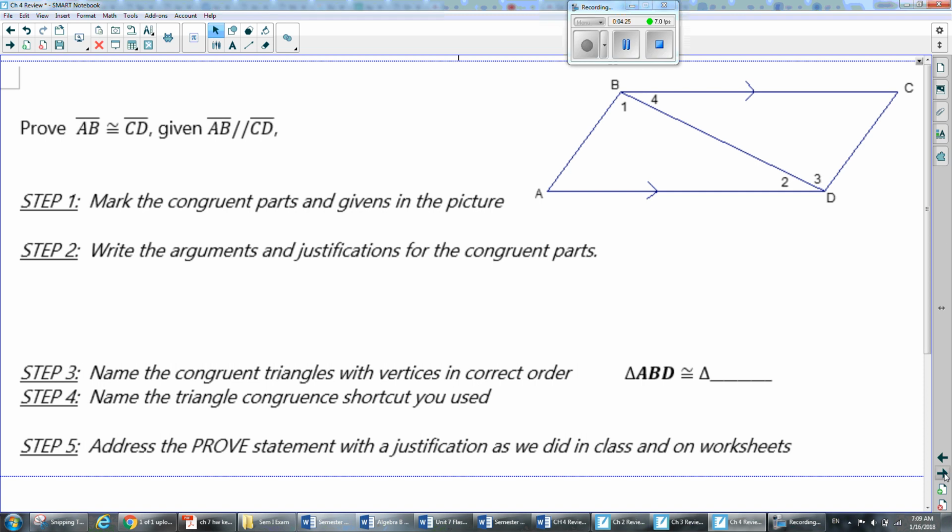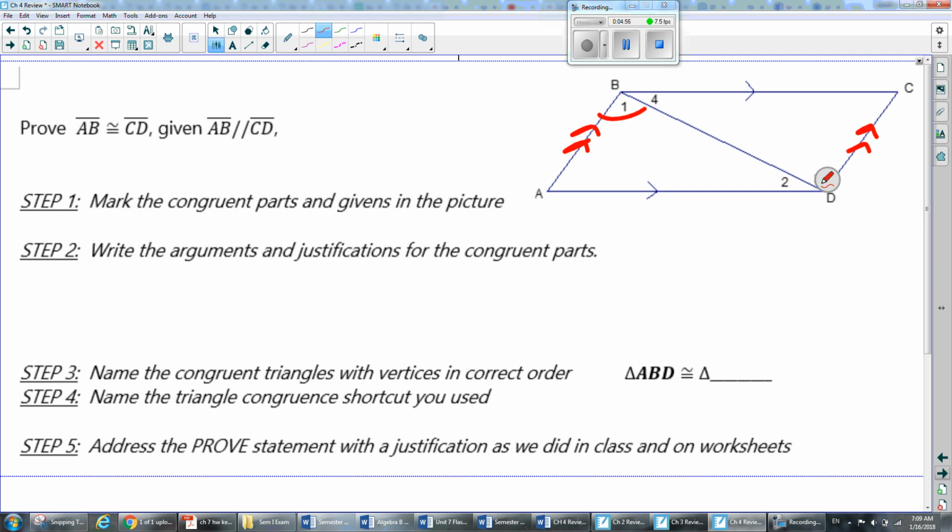Okay, after that we have our proof. You will be given these 5 steps to follow. So mark the congruent parts and the givens in the picture for step 1. They wanted us to prove that AB is congruent to CD, and they told us that segment AB is parallel to segment CD. We were also given in the picture that BC is parallel to AD. So we can find some congruent parts.